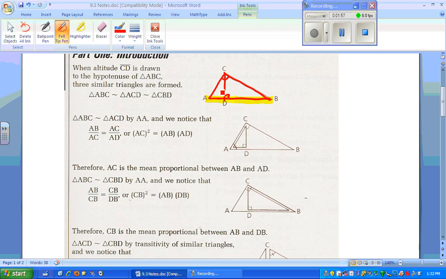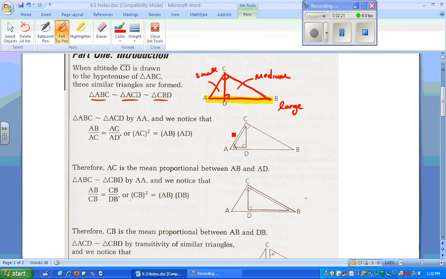What happens is it makes the small triangle, the medium triangle, and the very large triangle similar to each other. See it here. What happens depends on what you are looking for.